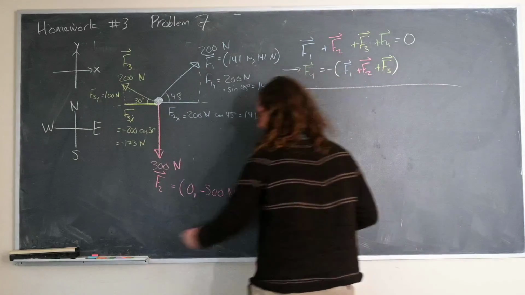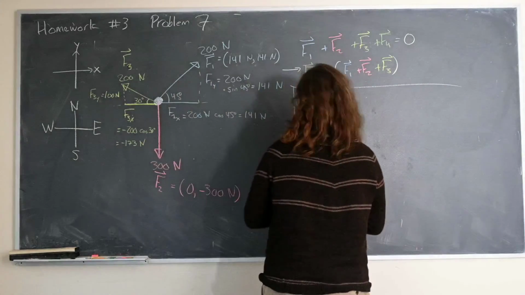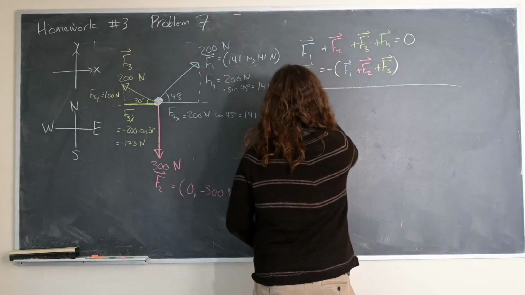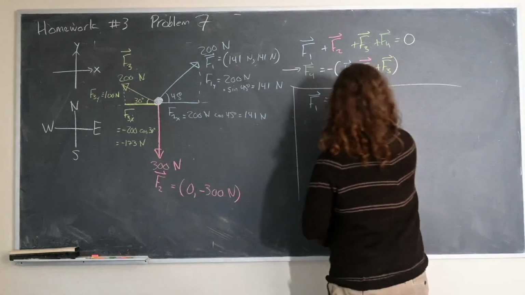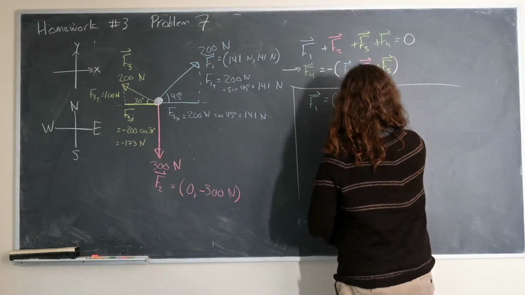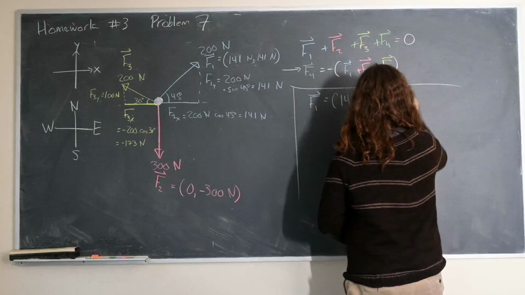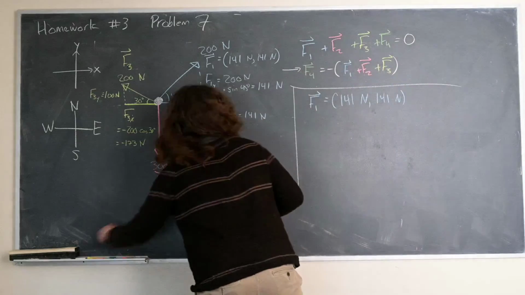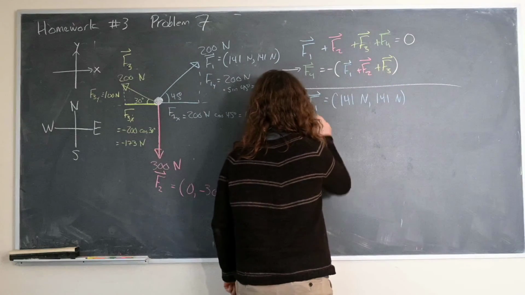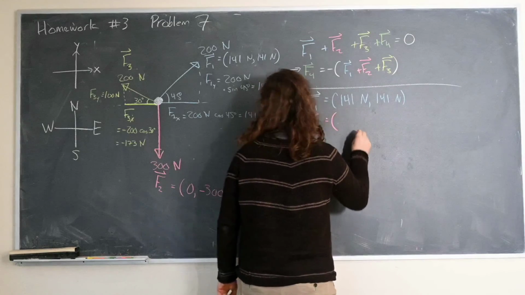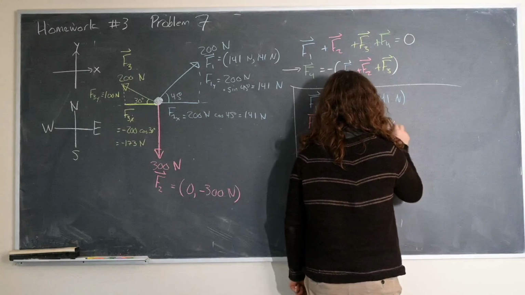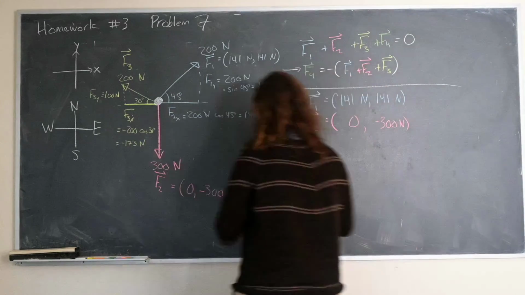So, this is negative. F1 is the ordered pair, 141 newtons, comma 141 newtons. F2 is nothing in the x direction and minus 300 newtons in the y direction.